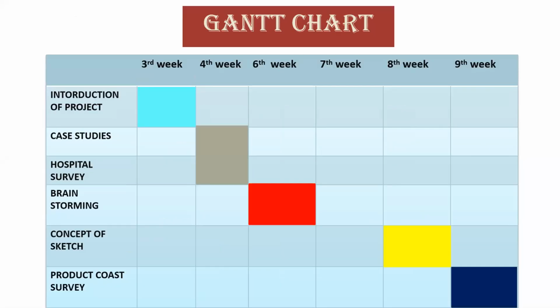This is our gain chart where we show how we work and when we do the project. In the third week, we do the introduction of the project. First of all, we take the object observations from the problem and find the problems.